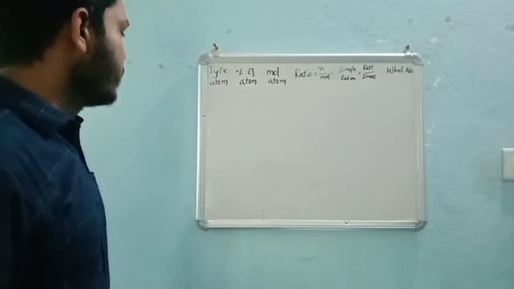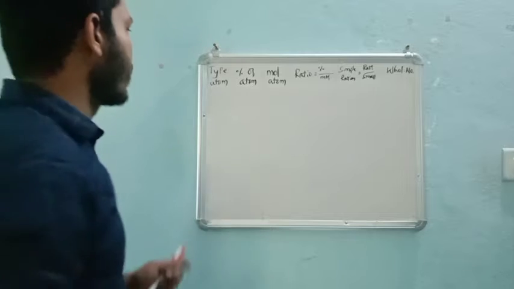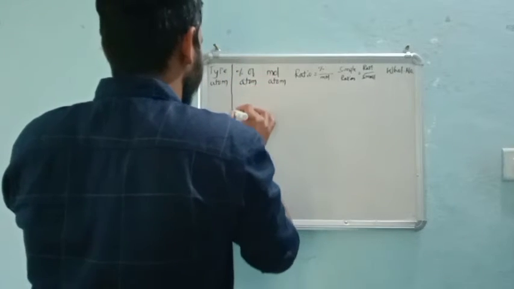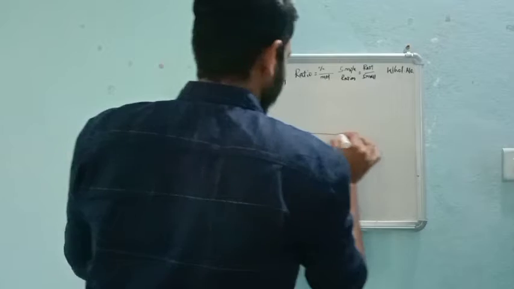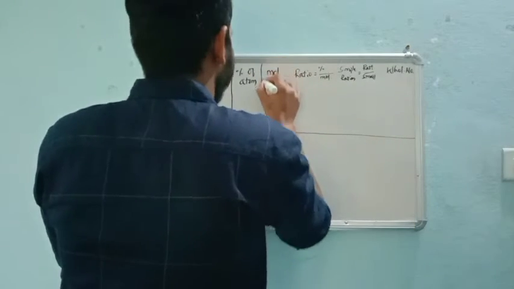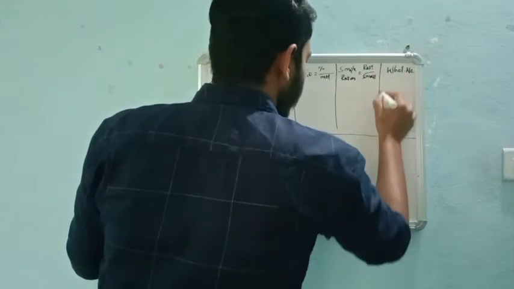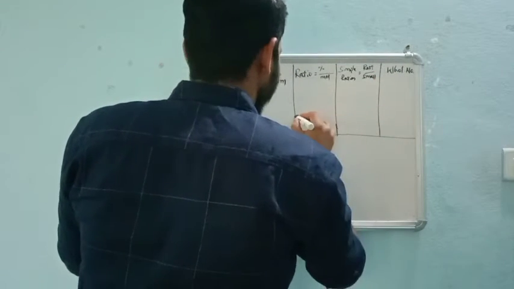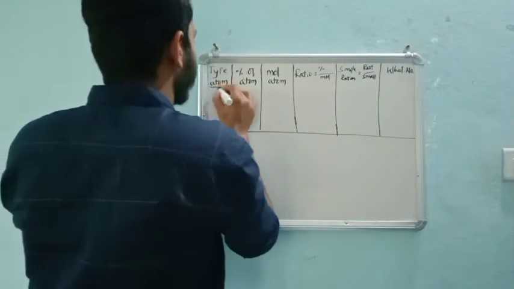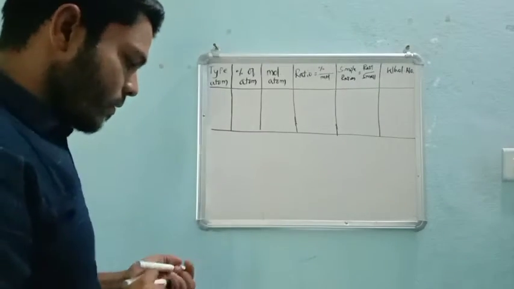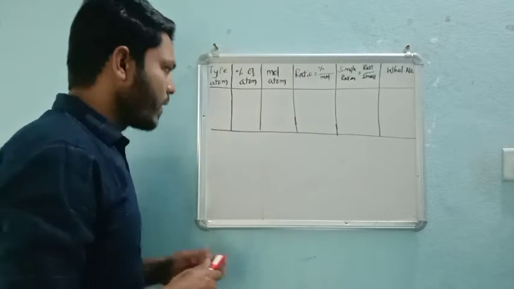So now go for our elements. There are three elements. The first one is carbon, or else you can interchange them, no problem, but you have to consider all the elements given.